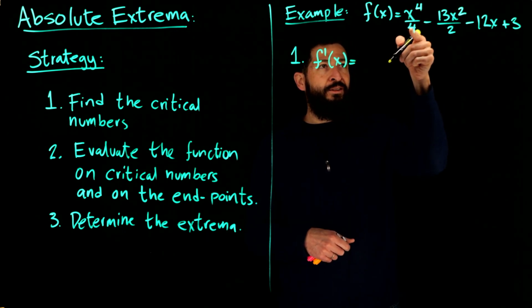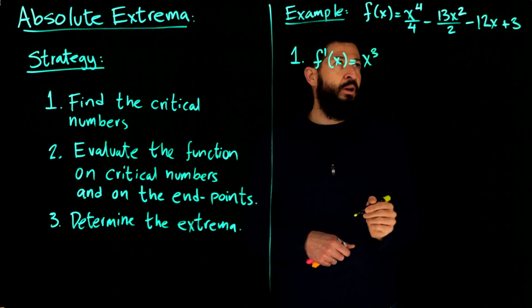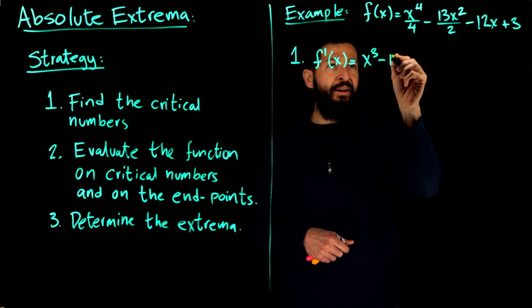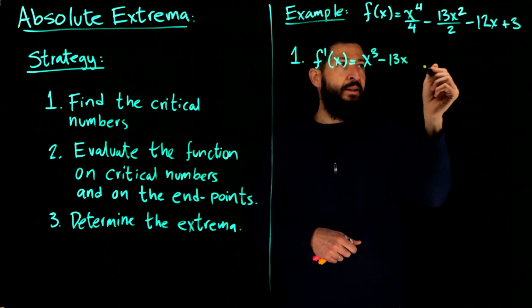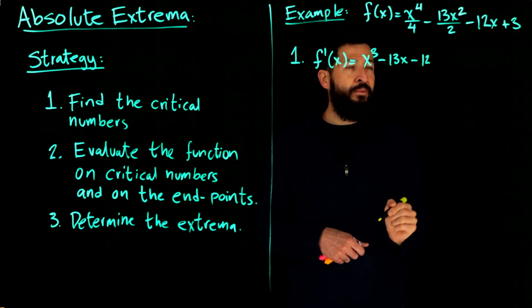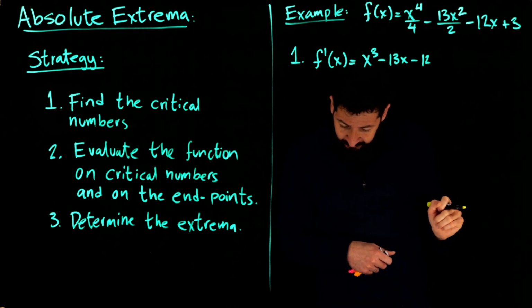So 4 divided by 4, you get x cubed. Here you drop the 2, cancel with the 2, you get minus 13x. And then minus 12. All right, that is correct.